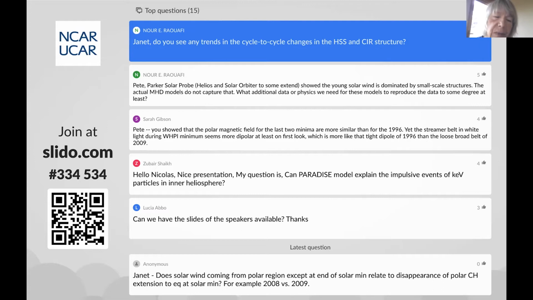Yeah, certainly there are trends. If you look at the presentation, each strip is roughly a solar cycle long.